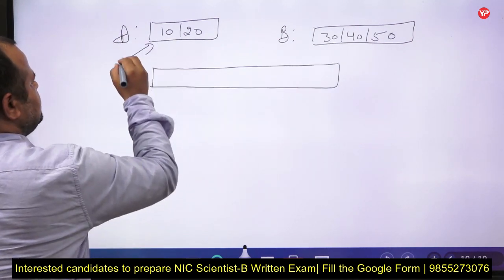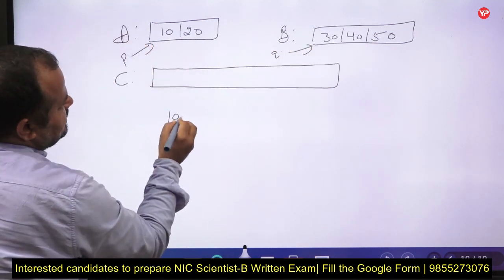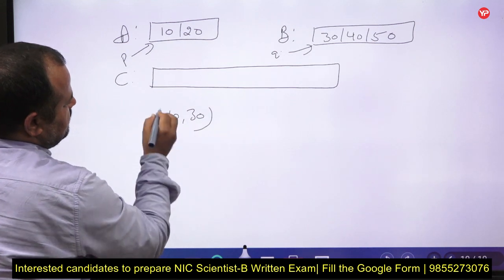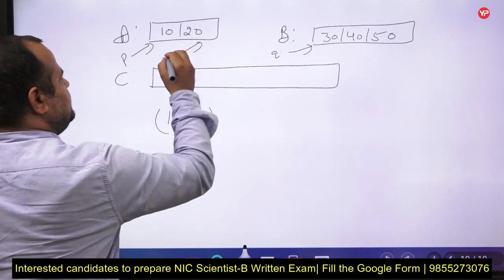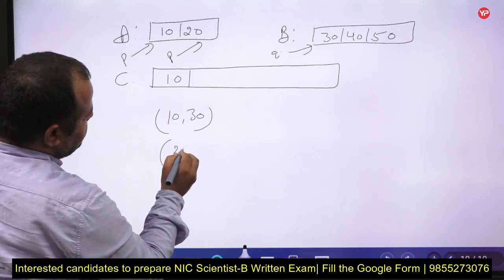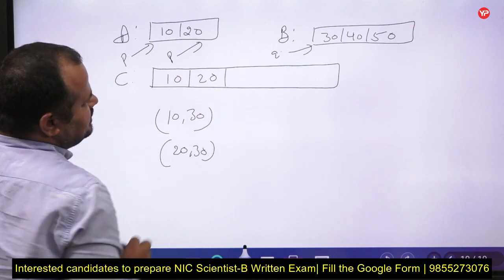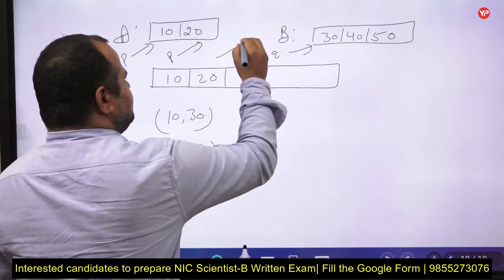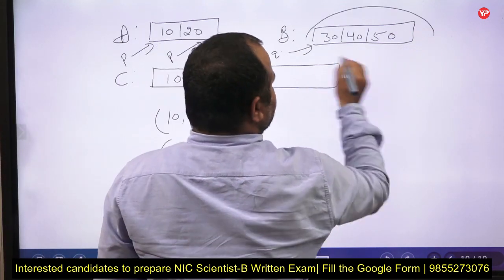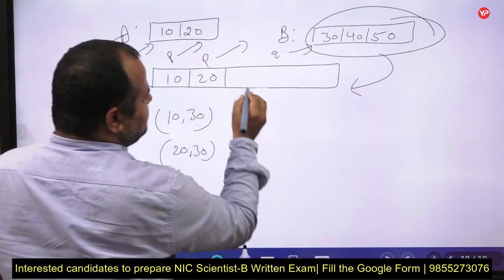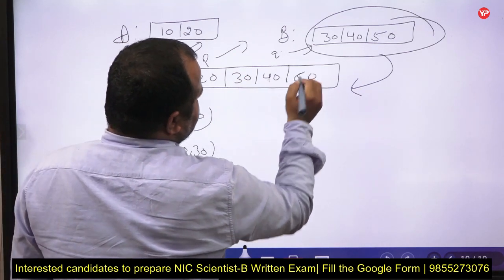So I will take a pointer P, a pointer Q. First comparison is between 10 and 30. So I'll keep 10 here, increment the pointer P. Now second comparison is between 20 and 30. I'll keep 20 here. Fine. Now if I increment the pointer P, it's out of boundary. So what I have to do? I just copy and paste here. That is 30, 40 and 50.